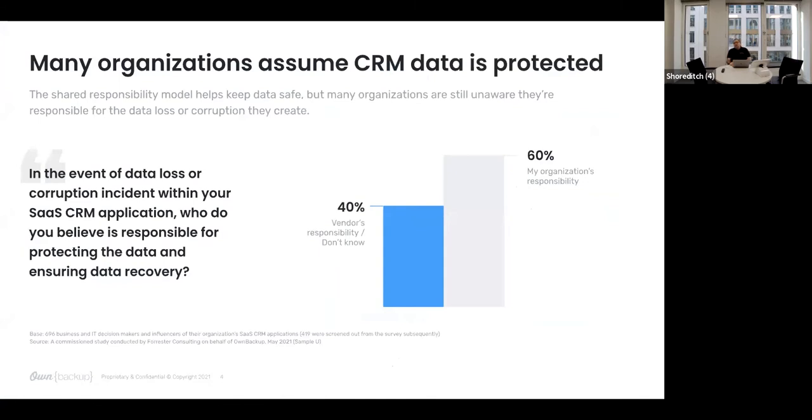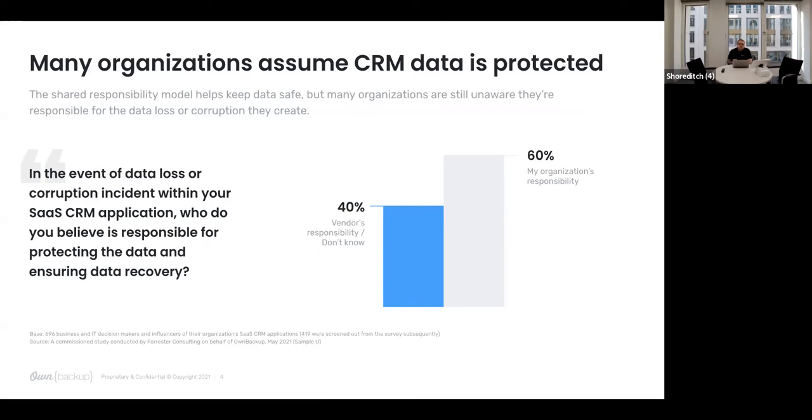One of the things I want to touch on before we go into the weeds a little bit is one of our recent surveys, which Forrester Consulting did for us in May 2021 on our behalf. It looks at how people think their data is secured when it comes to SaaS CRM applications.